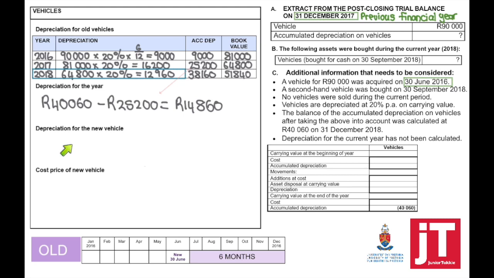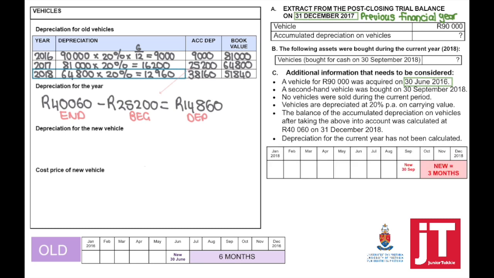So to find out now what is the depreciation for the new vehicle, we are going to take the total depreciation minus the depreciation on the old, which we've calculated. So make sure that you use the same answer that you've calculated on top. And that equals my depreciation on the new.